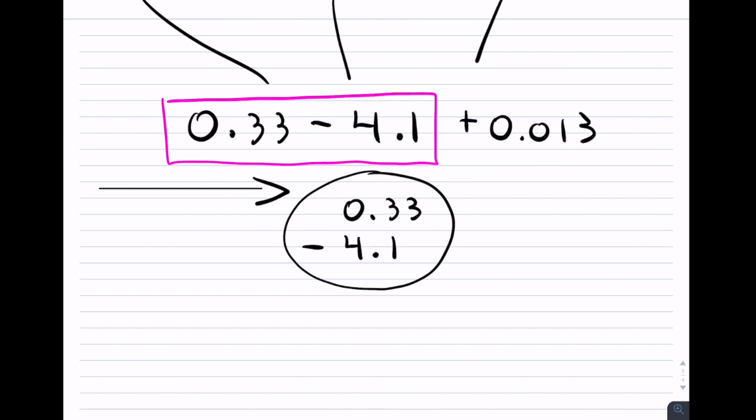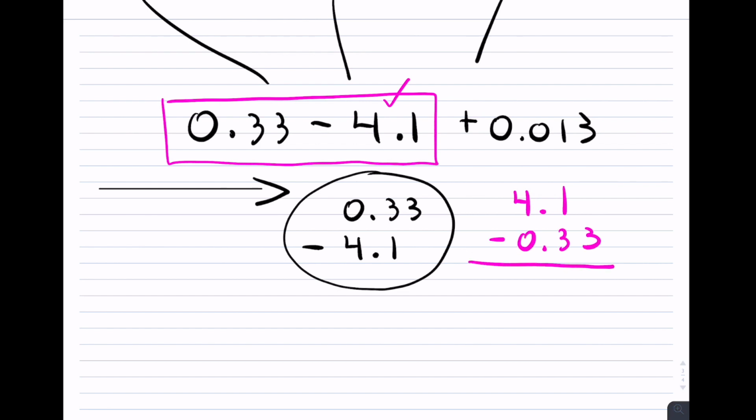I'm doing a subtraction, but this number is bigger. So always the bigger one goes on top, and the smaller one goes at the bottom. And you have to know that the result will be negative because this one is much bigger. It's like having 33 cents here and subtracting $4.10.